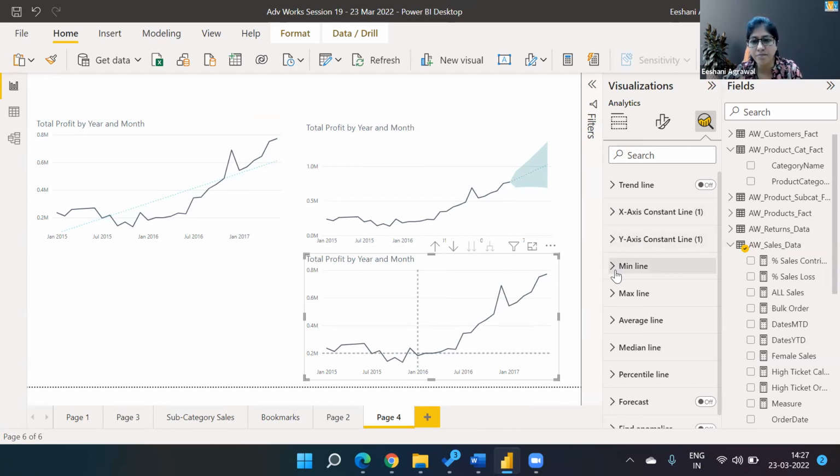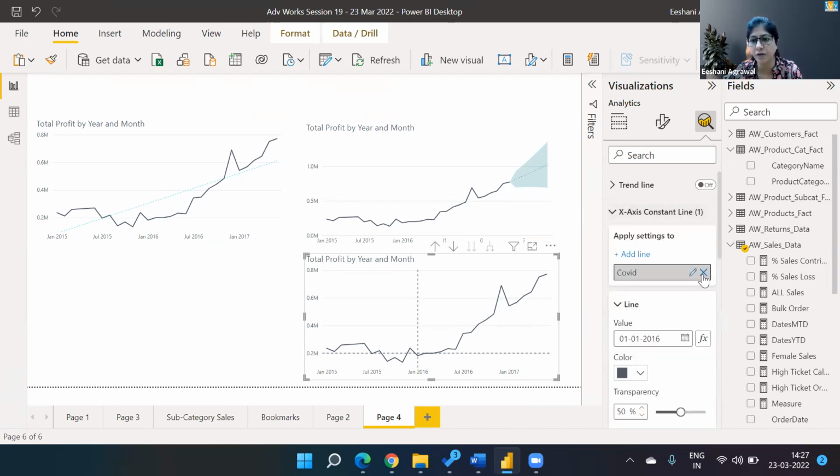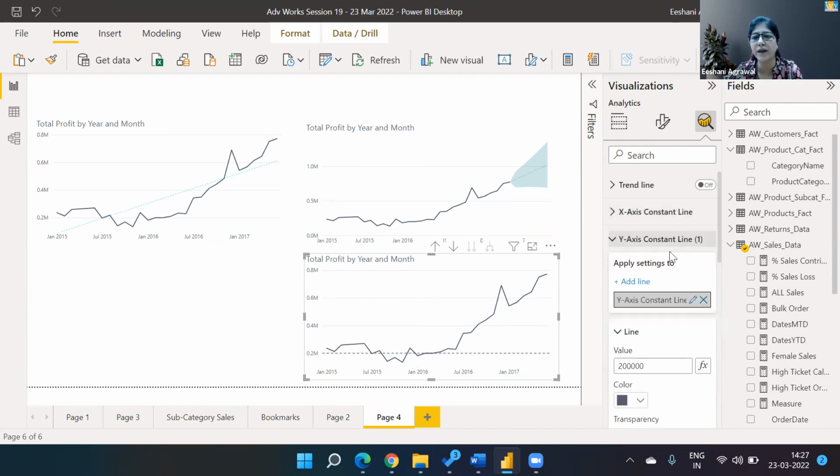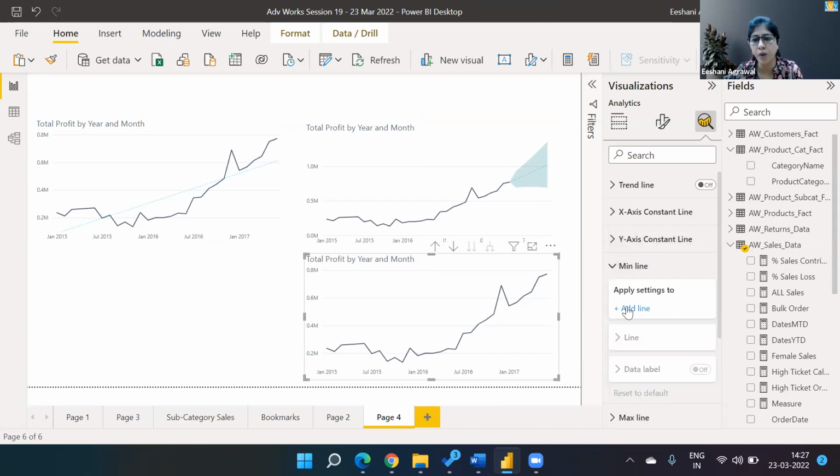And what do the min and max lines do? Let me turn these off. They give you a general idea of where your data lies. If I put up a min line, it adds a line, and it didn't ask for any values from you.